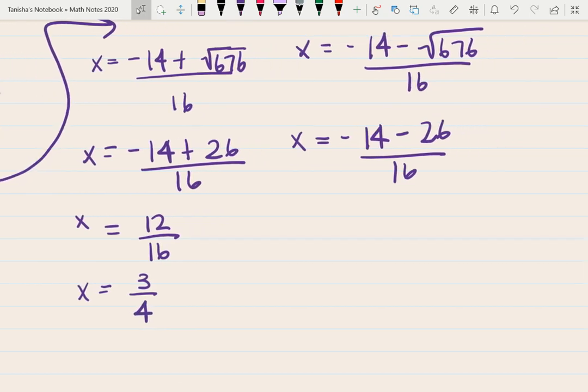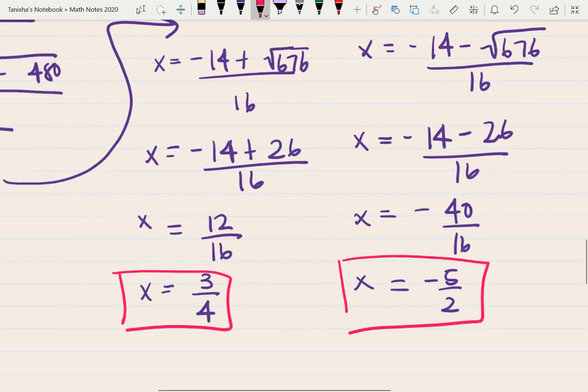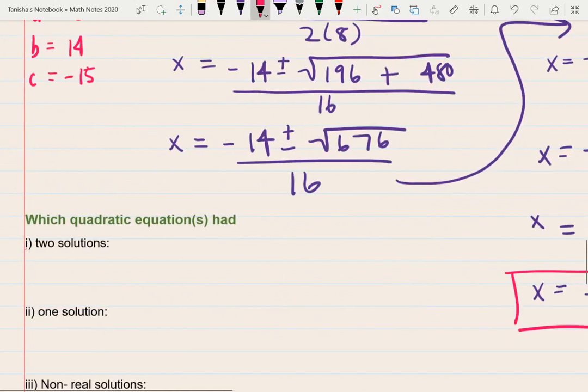For the second solution, negative 14 minus 26 is negative 40 over 16. That simplifies to negative 5 over 2. So our two solutions are x equals 3 over 4 and x equals negative 5 over 2. That's it.